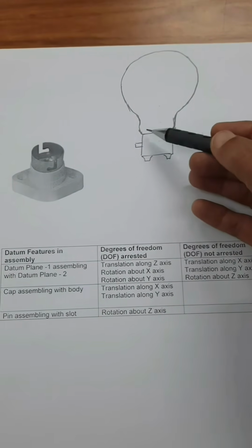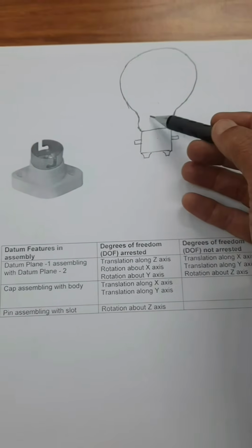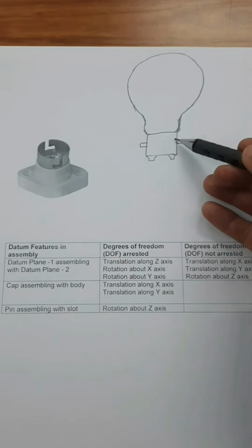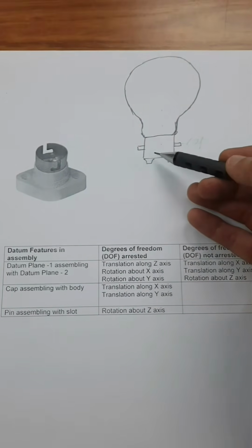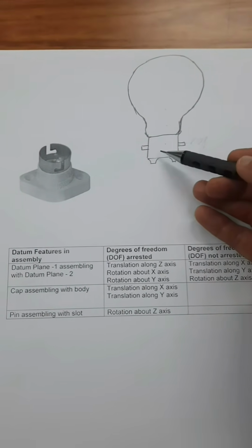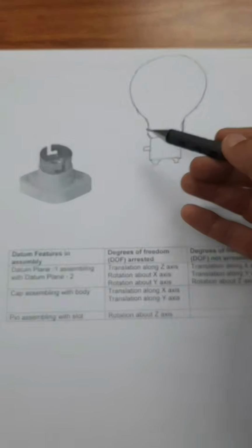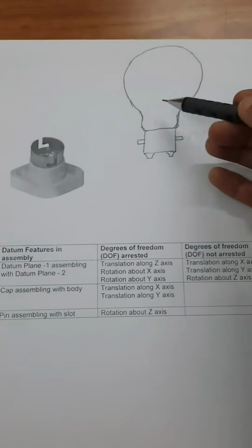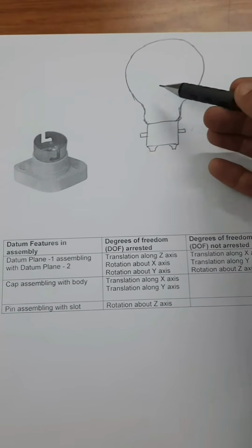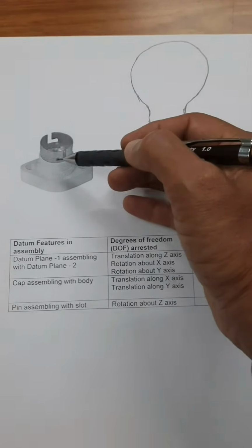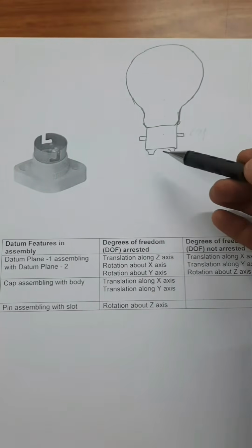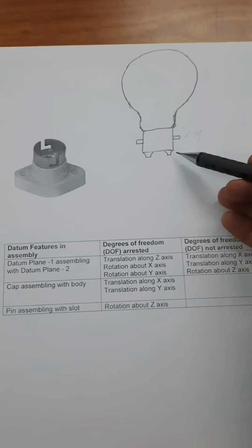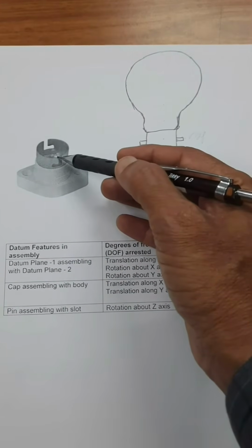So what are the features that are present in this bulb, and what are the features present in this bulb holder that are helping in arresting each and every DOF of this bulb? We have to discuss. When you insert this bulb into the holder, the contact point on this bulb is assembling with the contact points on the bulb holder.